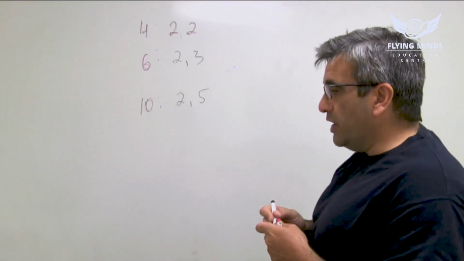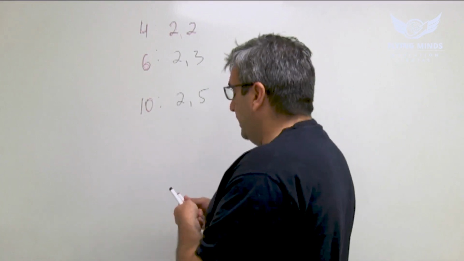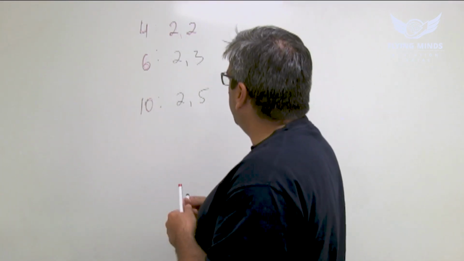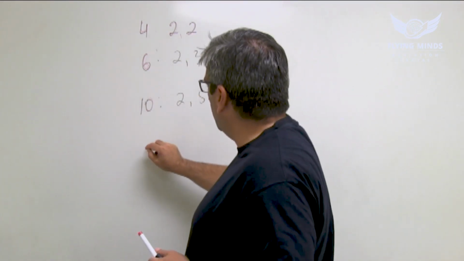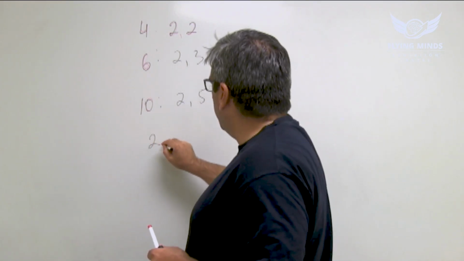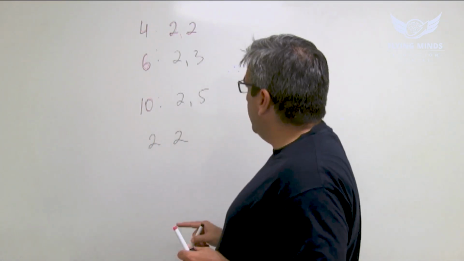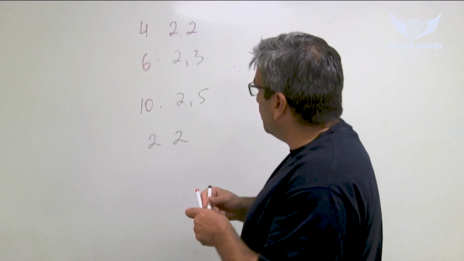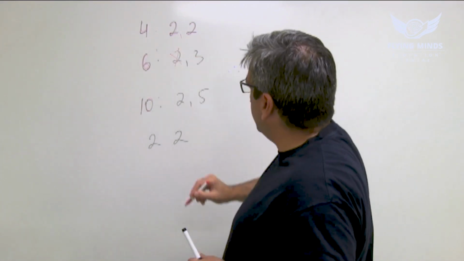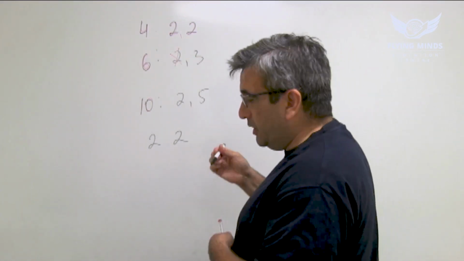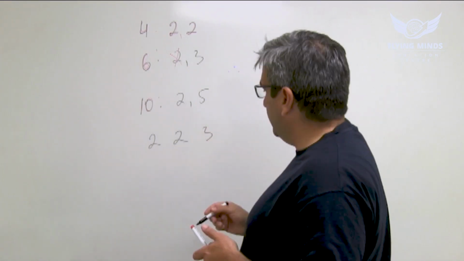And so this question is least common multiple. From the first one we write down all factors, so it's 2 and 2. Second one, we already have 2, so we're not going to take it, but we're going to take 3.